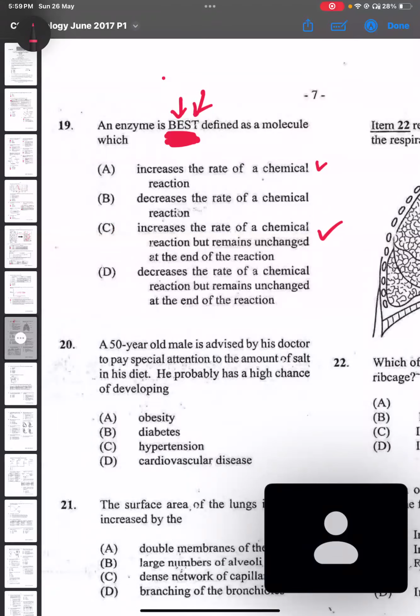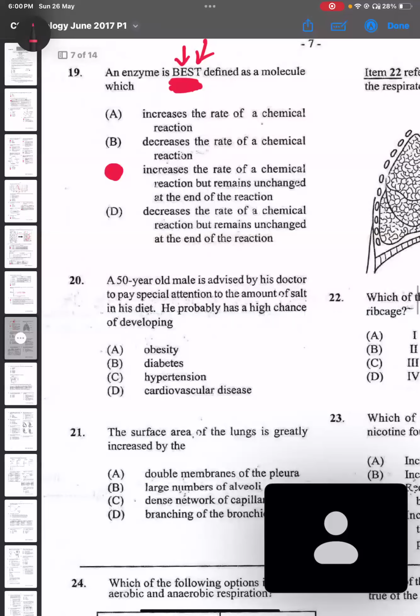C. The fact that they remain unchanged at the end of the reaction is more descriptive of an enzyme than just increasing the rate of a chemical reaction. That's why they have the word best in capitals. So you have to read through and use your brain to decide which one is better, because both of them are correct, but this one is just more correct because it gives you more information. So in this case, C is your answer.